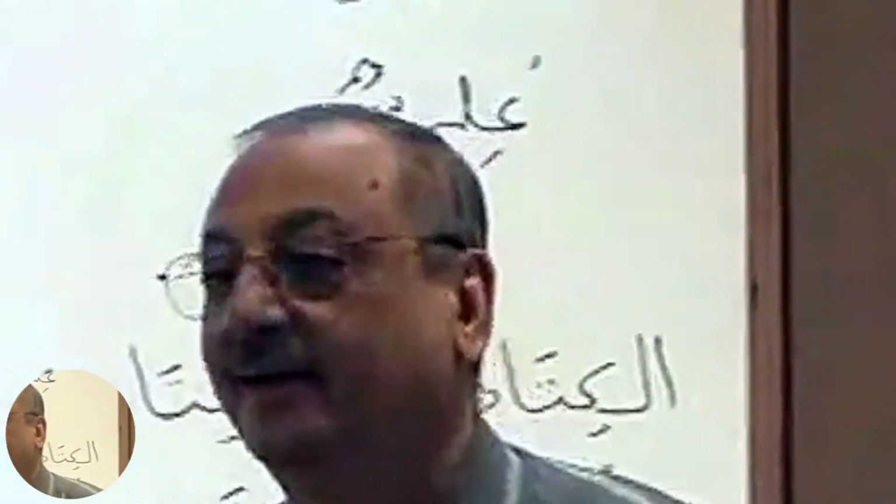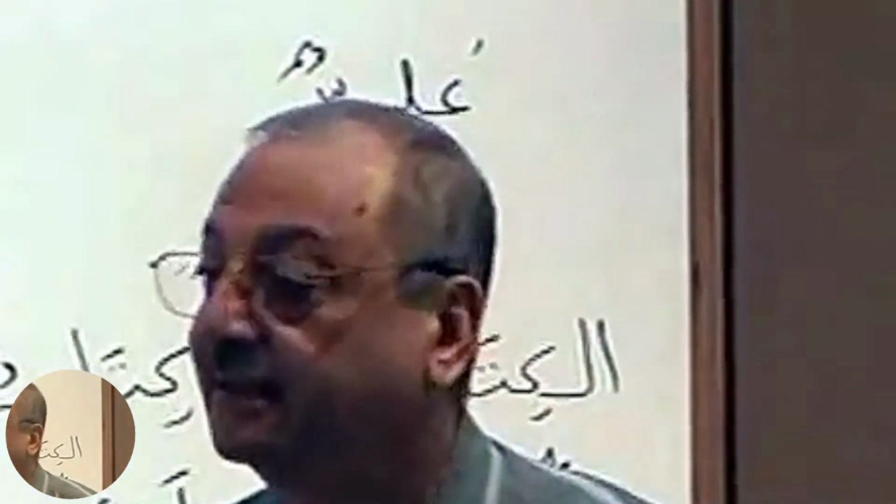Now tanween is normally the sign of a noun which is indefinite. But in the case of proper nouns, the tanween doesn't make any difference. It means the noun is definite. You will remember this, please. And I will be repeating it again and again, inshallah.